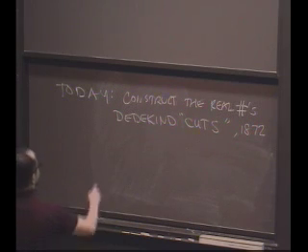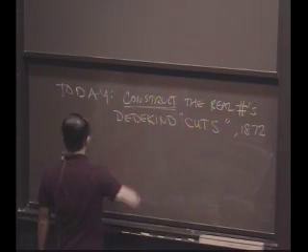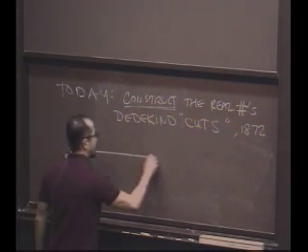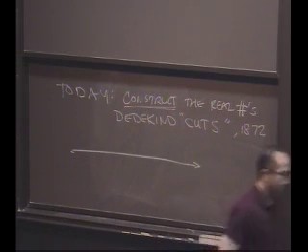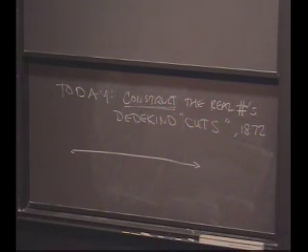So what do I mean by construct the real numbers? Here's the idea you should have in your head. If I have a number line, because we have an order, we can place the rationals along this number line.